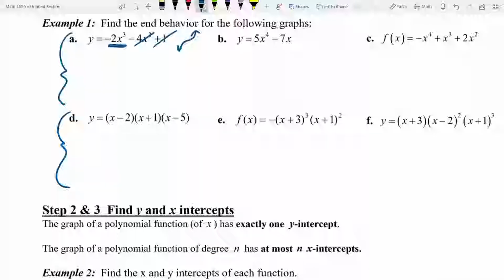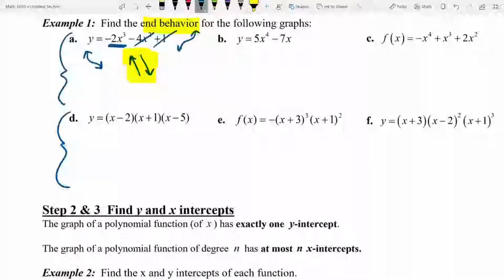But there's a negative in front of the cubic, which tells me that I'm going to have a reflection. So that's actually the idea of what the graph's going to look like. All they're asking me for is the end behavior. Every person in this room, left up or left down? Left up, right up or right down? Right down. It's very simple, okay? Did you have to show any work? You really don't. You really don't, okay?